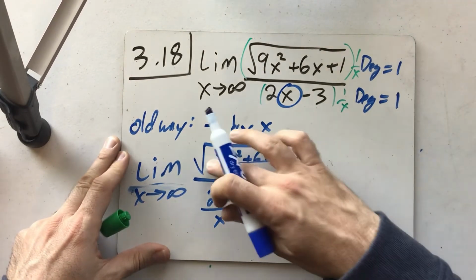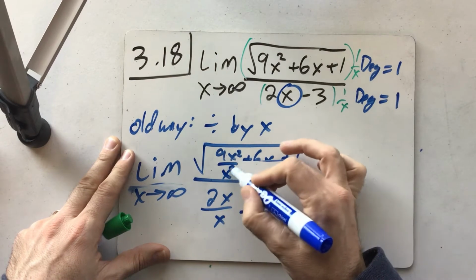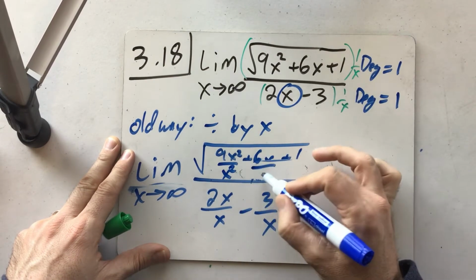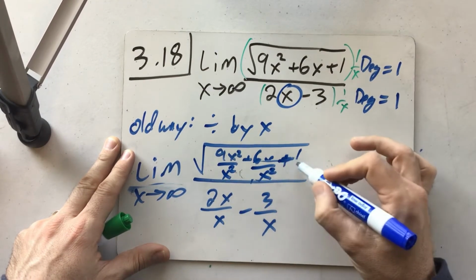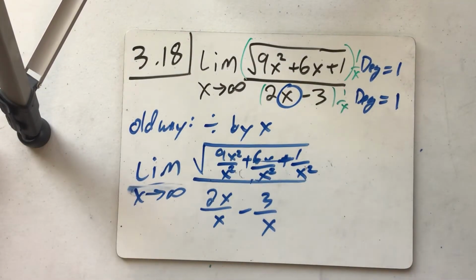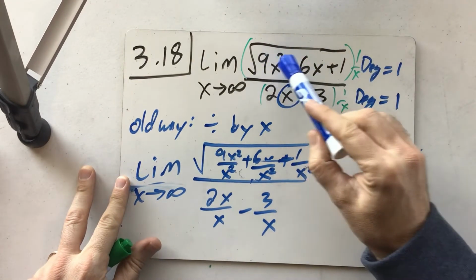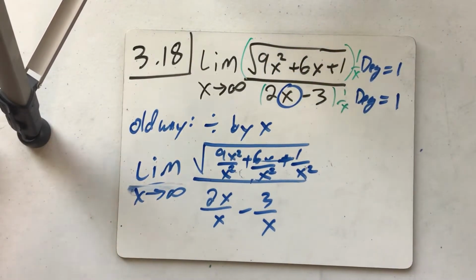So now what I really have done is I've taken my 9x squared and divided it by an x squared, and my 6x and divided it by an x squared, and my 1 and divided it by an x squared. I hope that makes a little bit of sense because if I multiply by 1 over x, that means everything inside the square root is actually divided by an x squared and not a regular x.